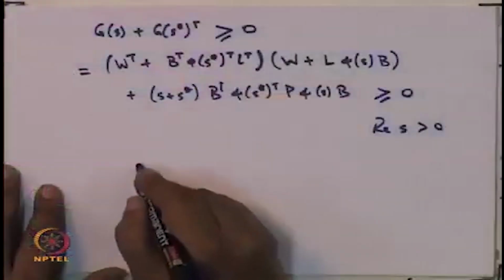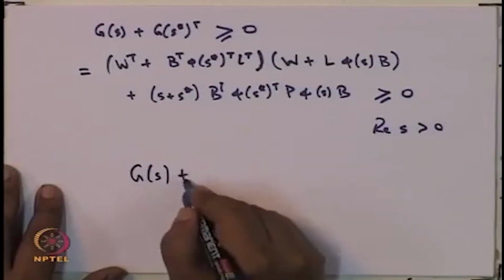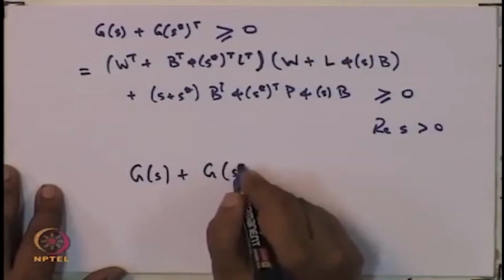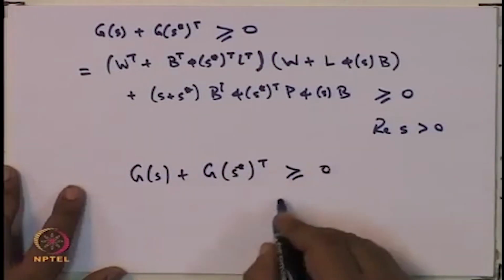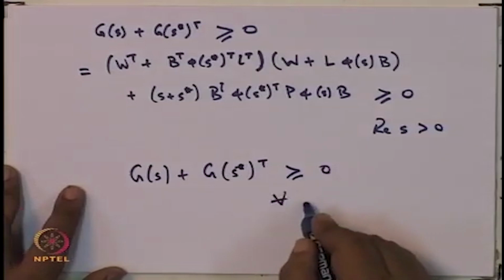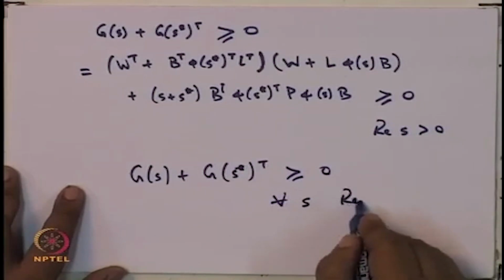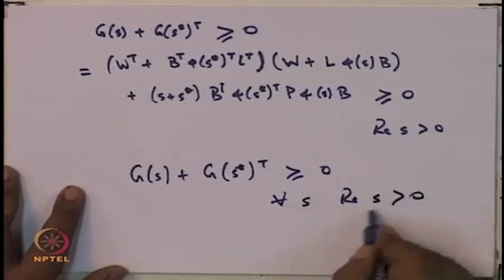So, what we have really shown, if you look at this slide, is that G(s) plus G(s) star transpose is greater than or equal to 0 for all s such that the real part of s is greater than 0.